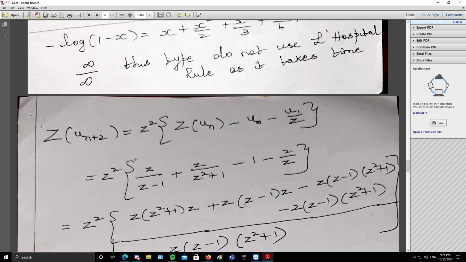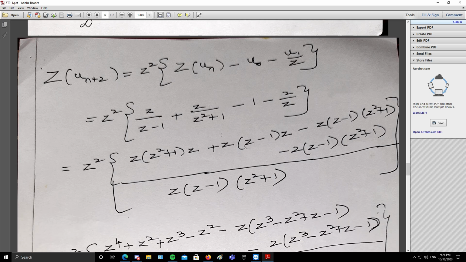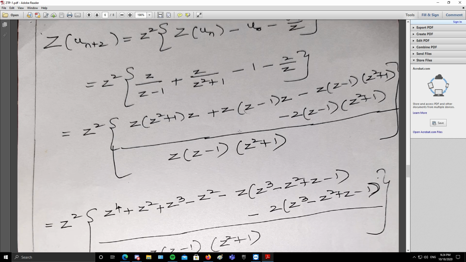So what is the shifting property? Z of un plus 2 is z square Z of un minus u naught minus u1 by z. Z of un is the same as u bar of z. So this expression is given in the problem, and u naught we have got as 1, u1 is 2. So substitute and then take the LCM and simplify.